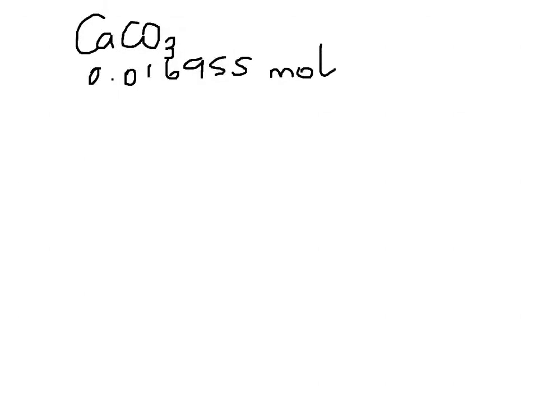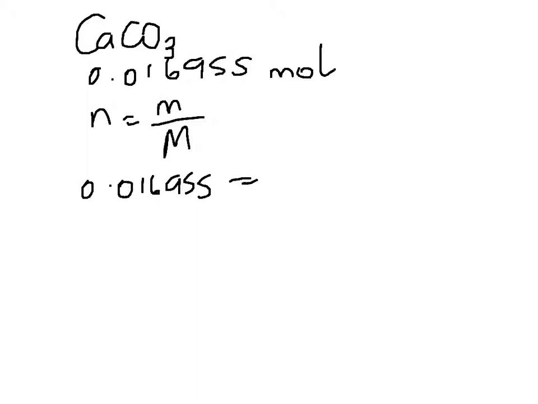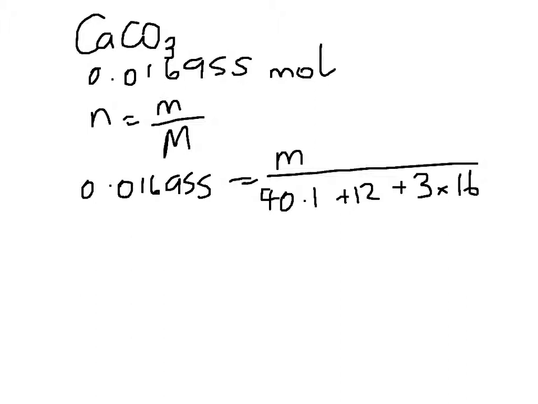What we need to do now is find out the mass of calcium carbonate, so we can use N equals M on M. 0.016955 equals M on 40.1 plus 12 plus 3 times 16, which works out to be 100.1.